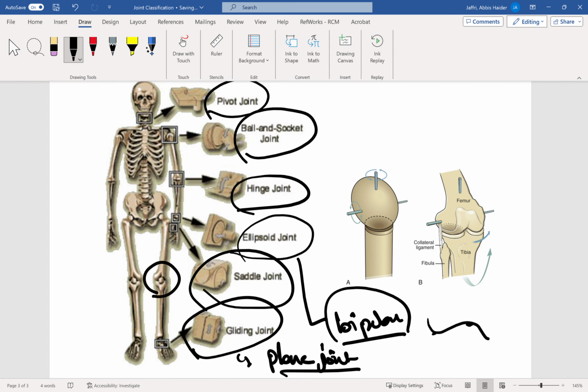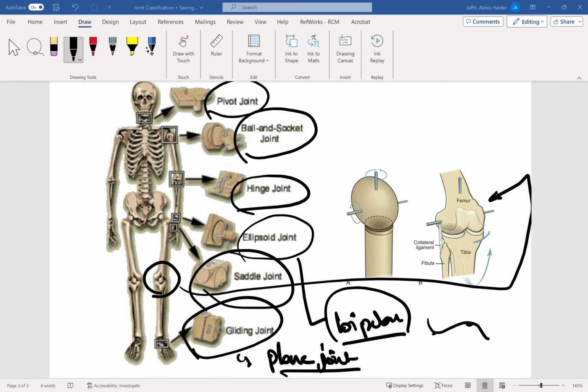One joint that is missed here that is similar to the ellipsoid joint. Sometimes both of them are used interchangeably, but it's slightly different. It's a biaxial joint as well, and this type of joint is called the condyloid joint. So basically the joint that is formed by the condyles with the articulating concave surfaces.